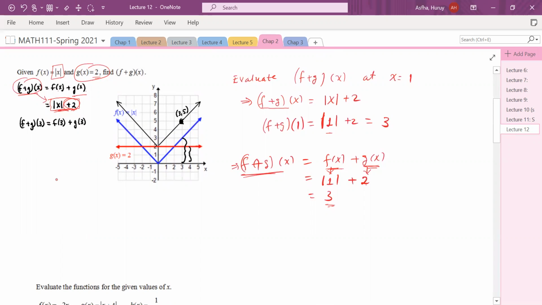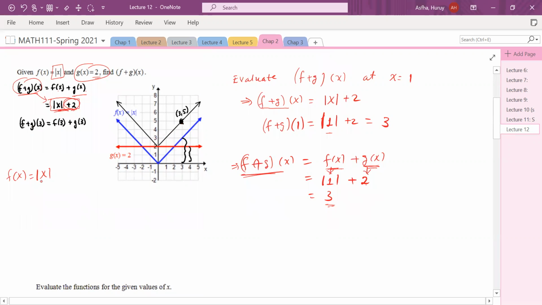And regarding the domain, so here we have f plus g of x. For f of x, which equals the absolute value of x, the domain is, well, this is the blue line. Either you can use the graph to figure out what values of x it takes, or you can just look at this one.